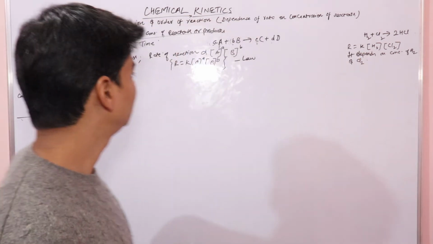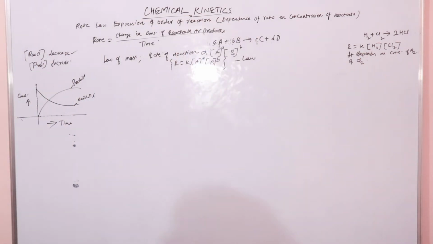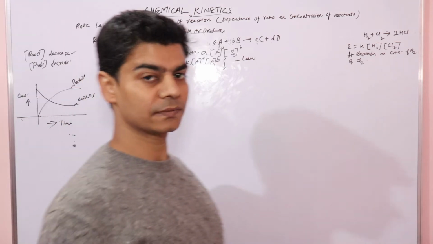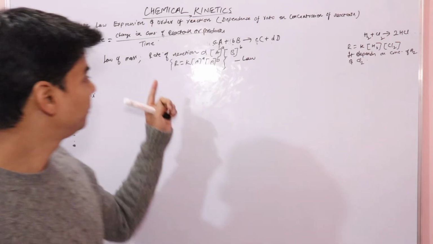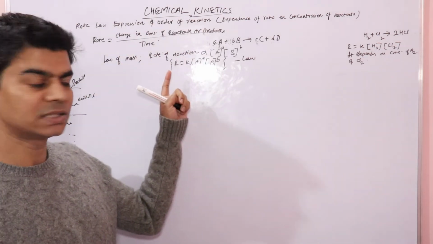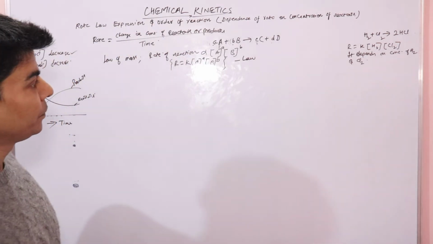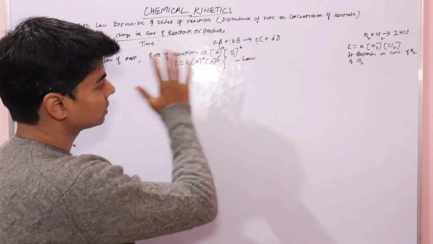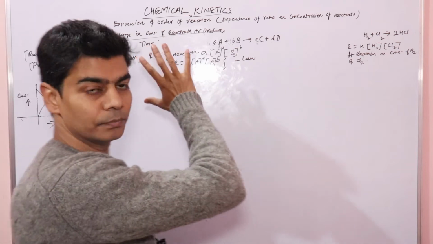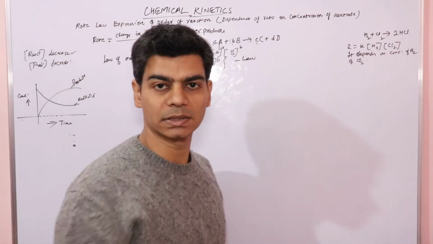That is the story. So what scientists found is that experimental rate expressions were not always complying with the rate expressions given by the law of mass action.